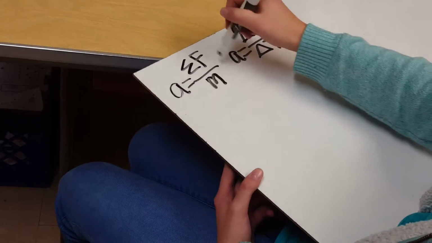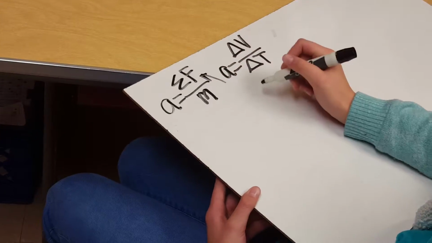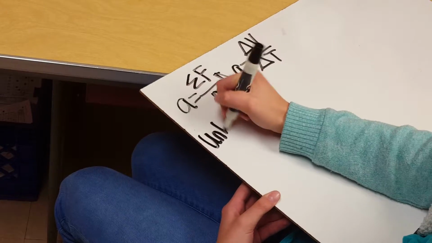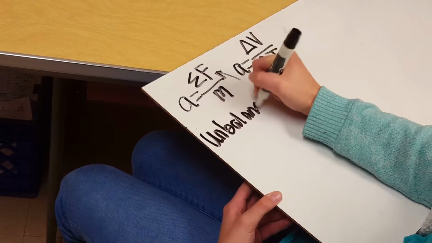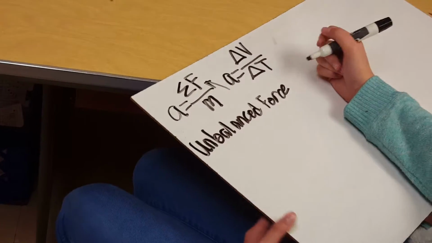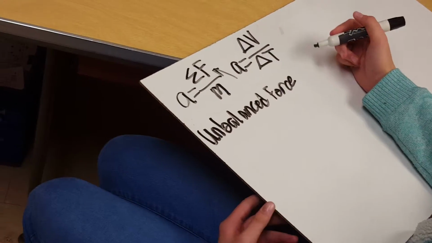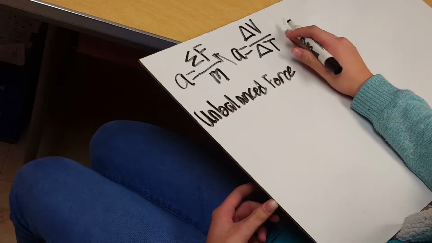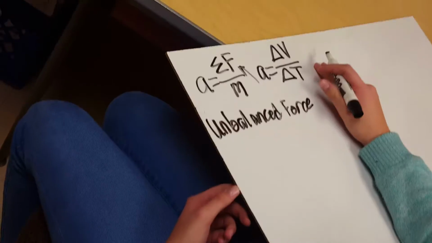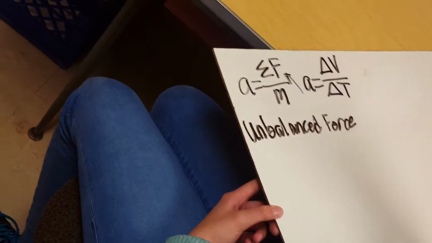Right now, this sigma F represents the unbalanced force. The unbalanced force is the force that causes the change in motion. That's kind of like an object in free fall, because gravity is pulling it downward, so it's falling like a ball.